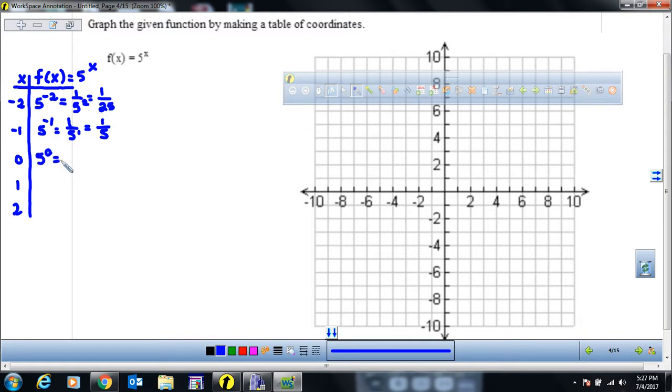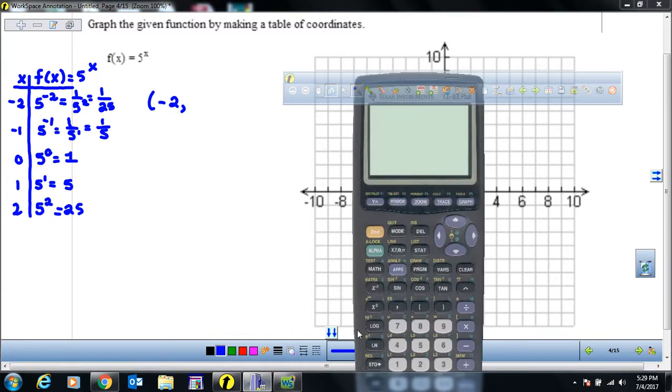The next one, anything raised to the 0 power. This is another definition we cover in section P.3. Anything raised to the 0 power equals 1. 5 raised to the first power equals 5, and the last one, 5 raised to the second power, is 25. So this is going to be our table: -2, and then 1/25.